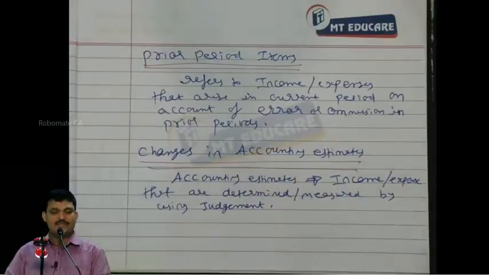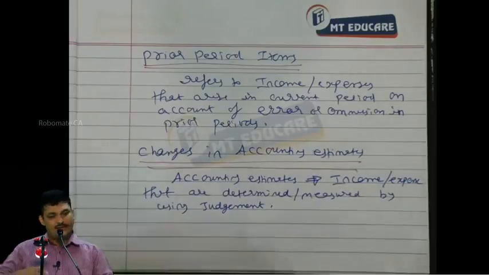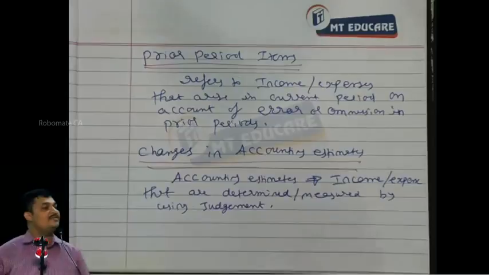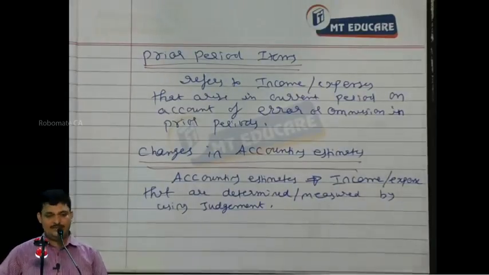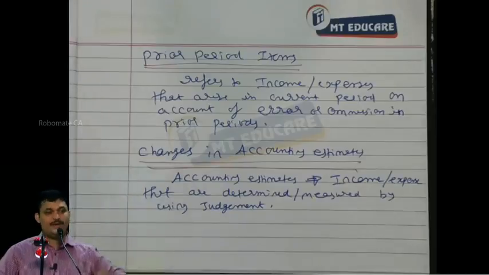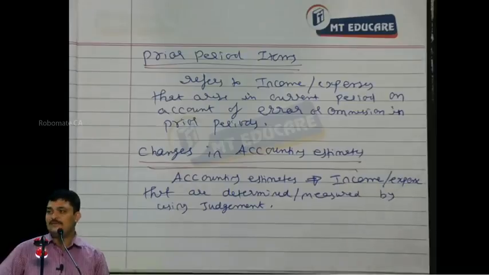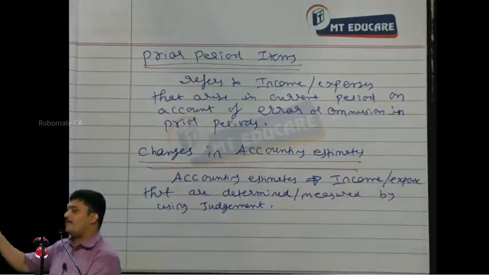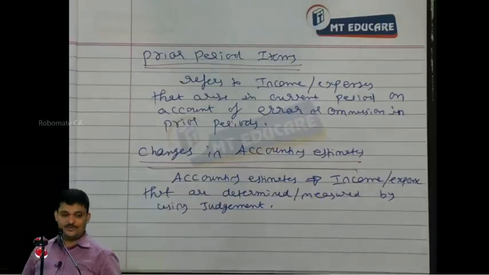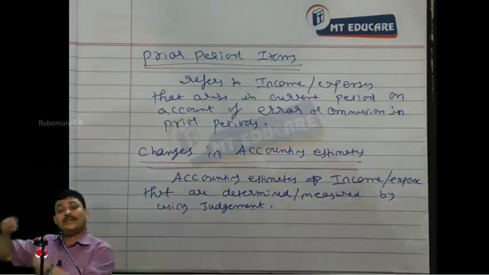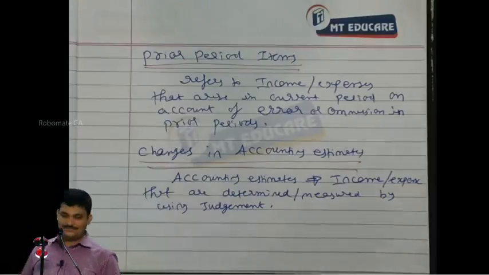So what is change in accounting estimate? If in the subsequent period the estimated amount of income or expense changes, it is called change in accounting estimate. We predicted the provision for bad debts. First of all, you should know provision for bad debts is actually not relating to next year.